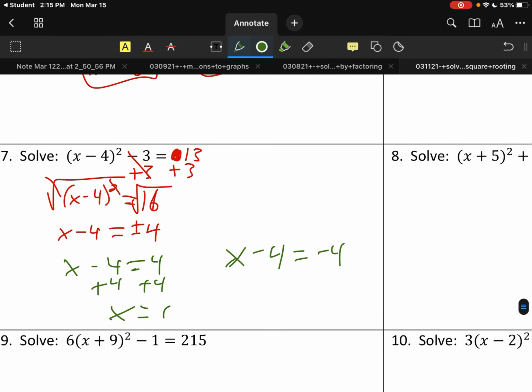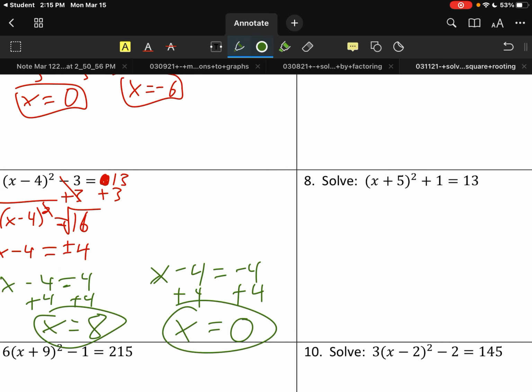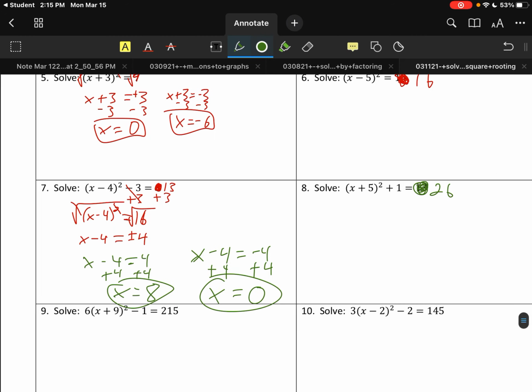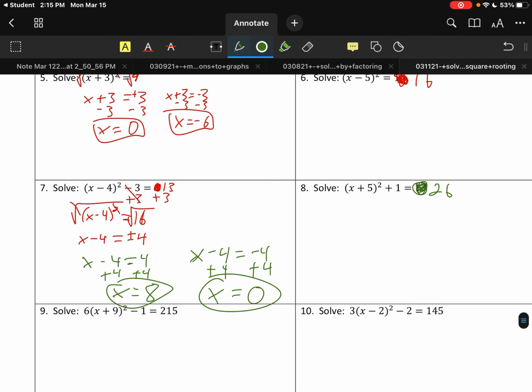No, I'm sorry, 4 plus 4 is not 0. That's 8. And for this one, I'm going to add 4, and x equals 0. Okay, and make this 26. So make that one a 16, make that one a 26.